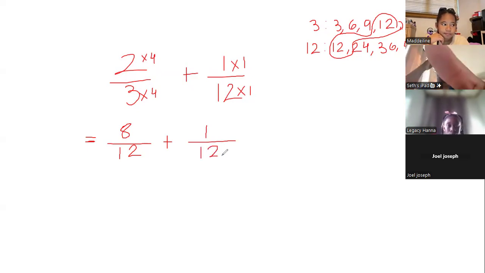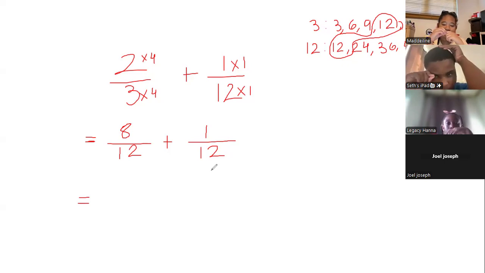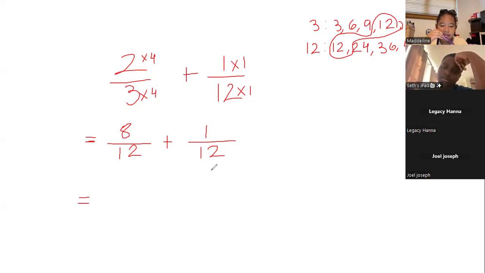So we have 8 over 12 plus 1 over 12, which gives us what? You have the same denominator, so we just need to add the numerators. So would that be 9 over 12? 9 over 12, very good. It's because we just add the numerators.